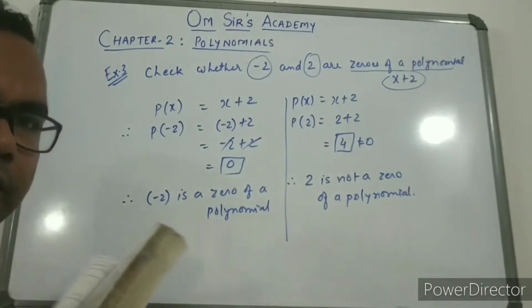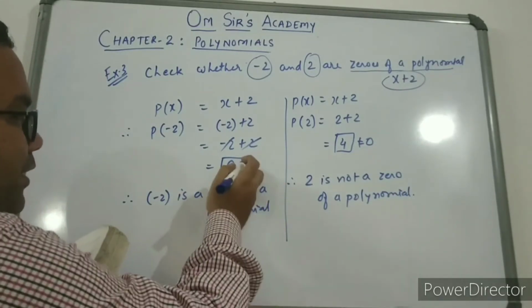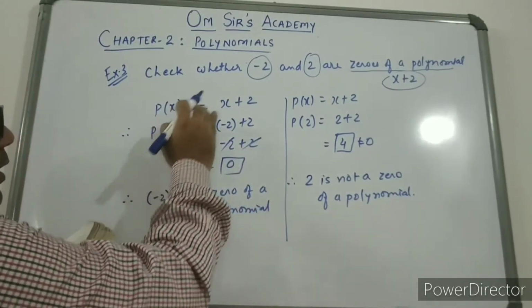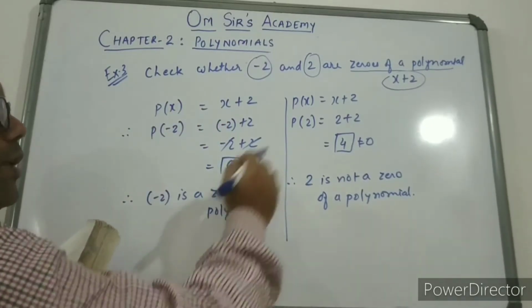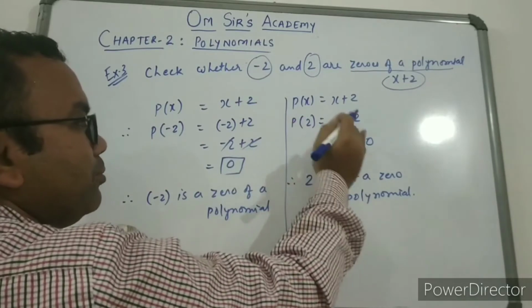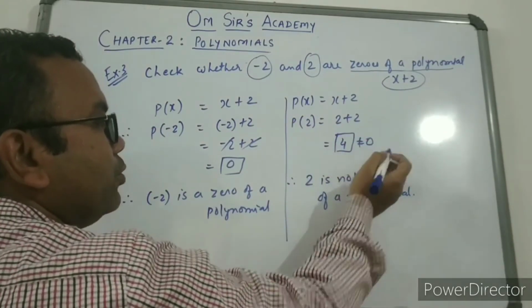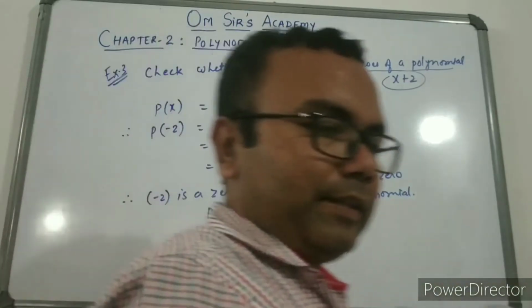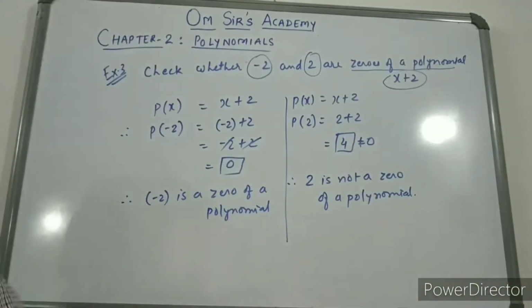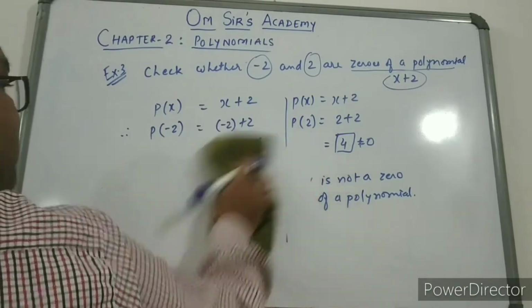So is it clear, friends? If I substitute the value in the polynomial and I get the value 0, then it is a 0 of the polynomial. And if I don't get answer 0, then it is not a 0 of the polynomial. So hope it is clear, friends. Now moving to the next part.